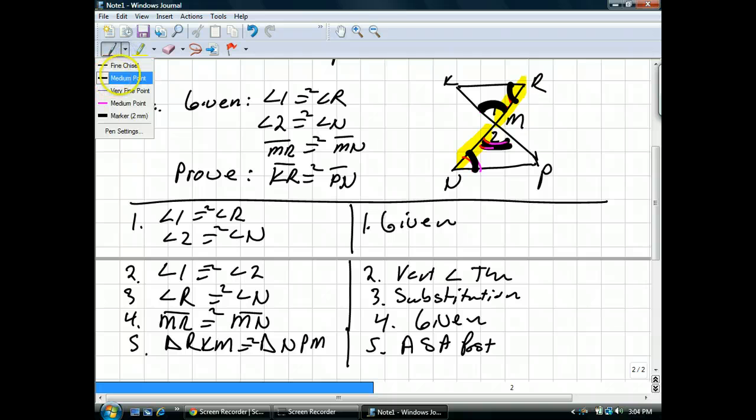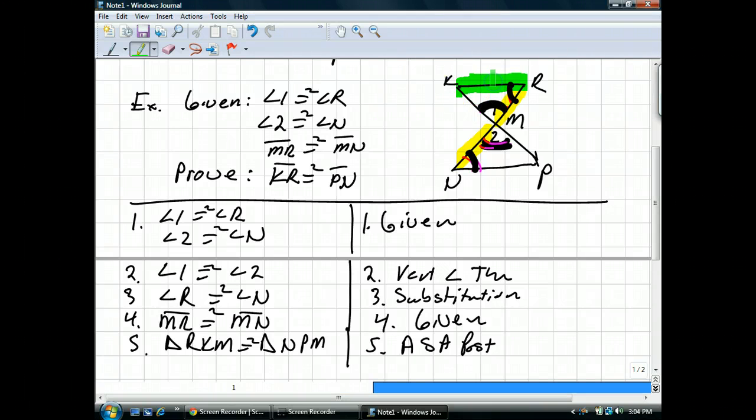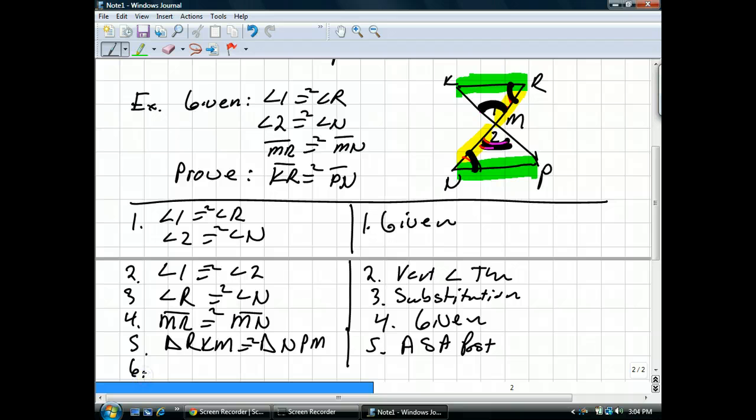So therefore, the parts that we want are KR and PN. Those are corresponding parts of congruent triangles. So we can say that segment KR is congruent to segment PN by corresponding parts of congruent triangles are congruent.